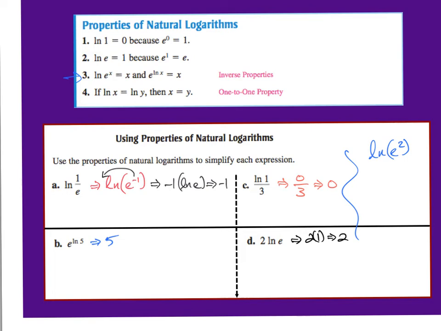What happens to my 2? It gets to be brought out. So this is really 2 natural log e. And what is natural log e again? It's 1. So this is really just 2 times 1, which is 2. So natural log of e squared is actually the same thing as saying 2 natural log e. That is the same thing.